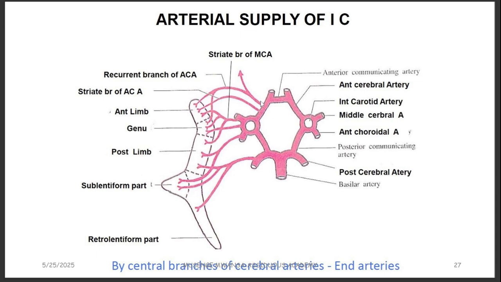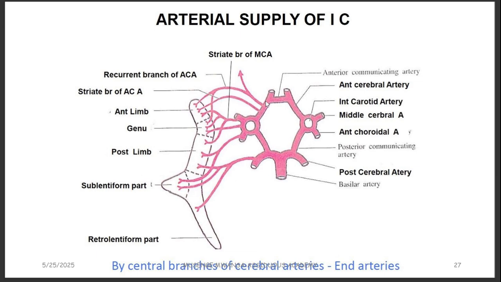And then when you go forward, you have the anterior cerebral. There's a branch coming direct from the anterior cerebral that is supplying the anterior limb. Just think of anterior cerebral, anterior limb. So that's a striate branch that is supplying the anterior limb.